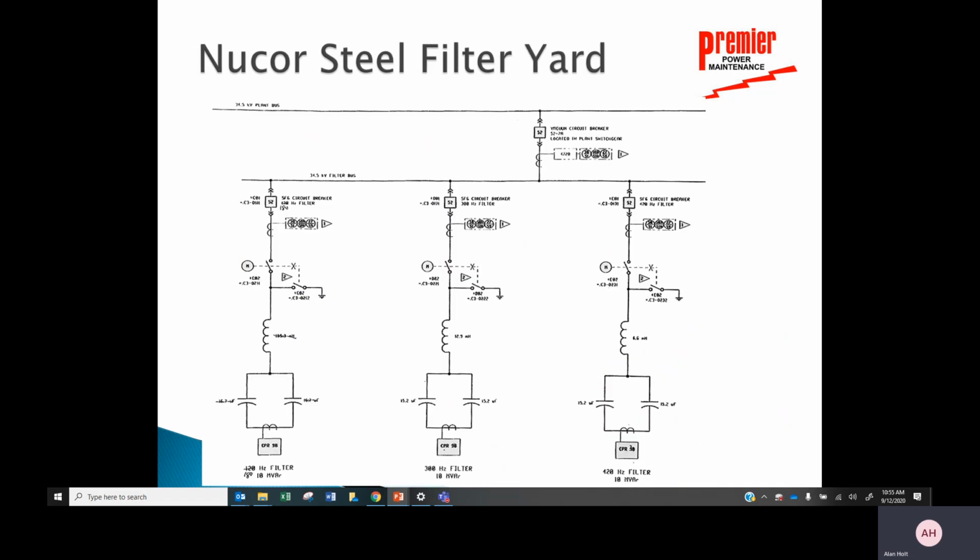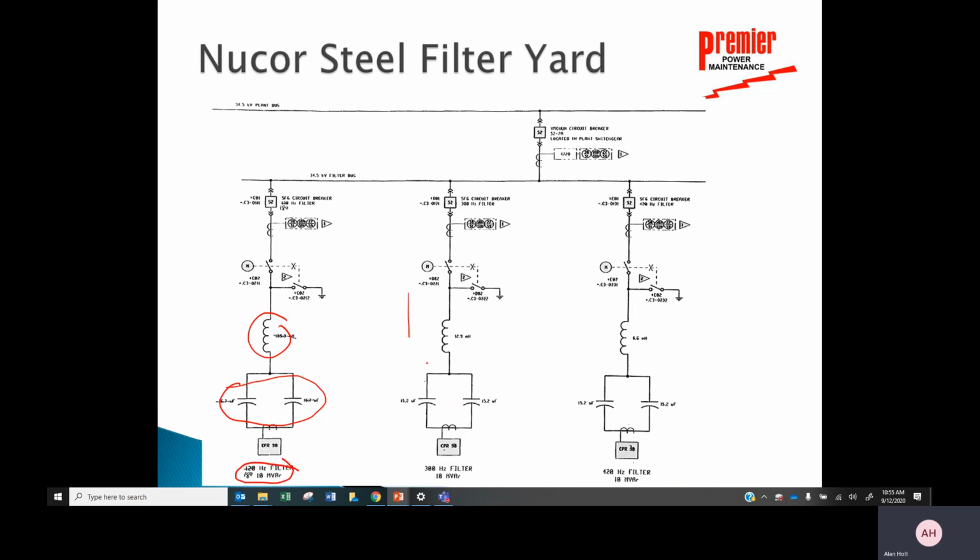So at our steel mill, if I look at the Nucor Steel Yard at Crawfordsville, Indiana, they have a filter yard. And so they have what? An inductor and a capacitor in series, okay? And that inductor and capacitor in series is a series tuned circuit, and they have that tuned at the third harmonic.